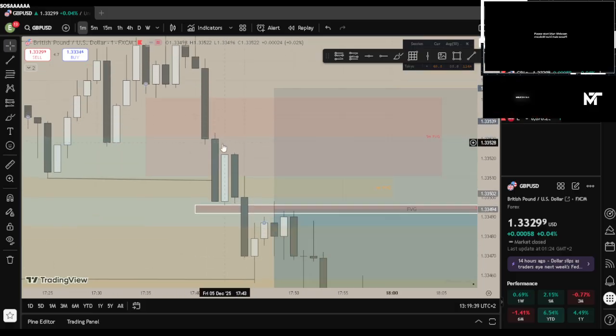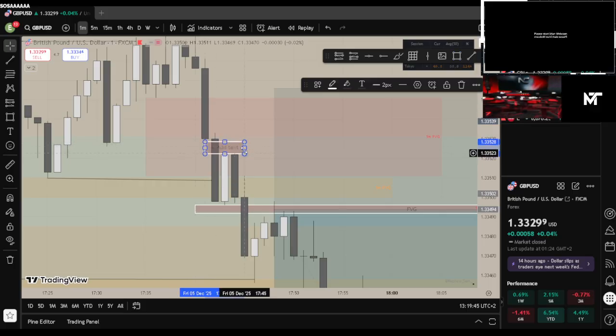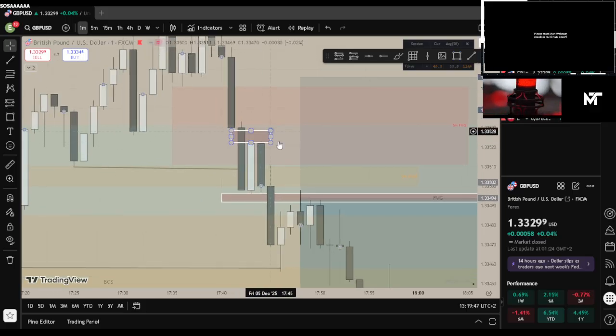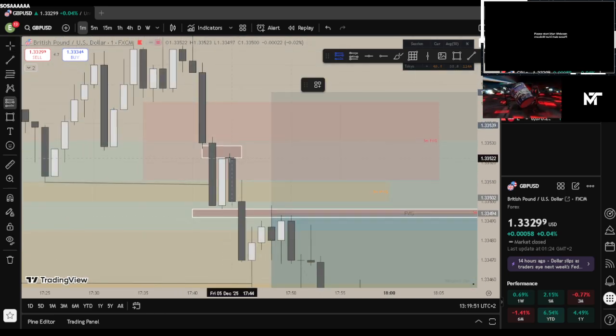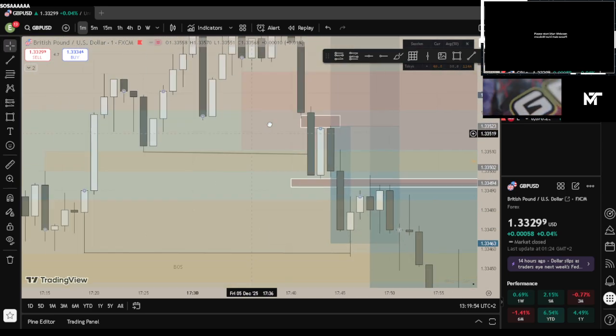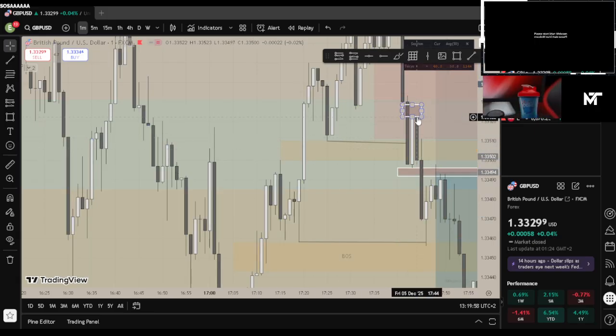You can tell there was a fair value gap built up in this part over here. If you take it like that, fair value gap, tap back in, you could have entered right there. I also talk about stop losses and take profits.